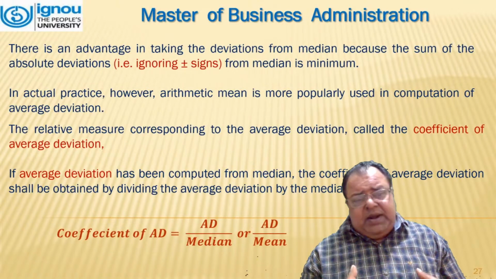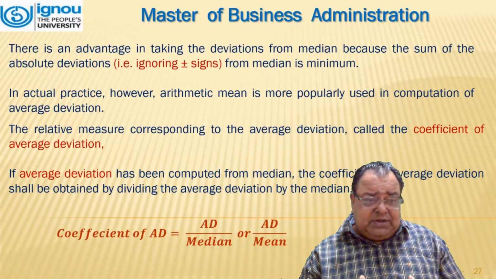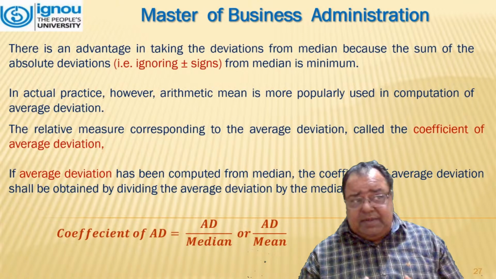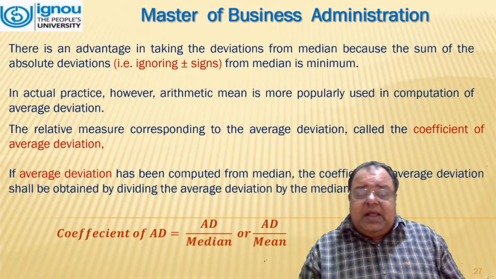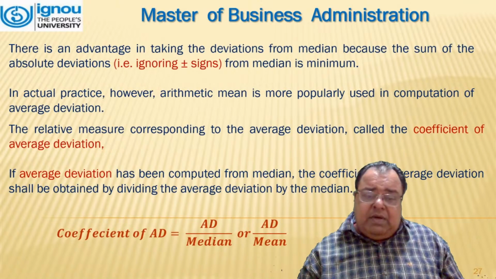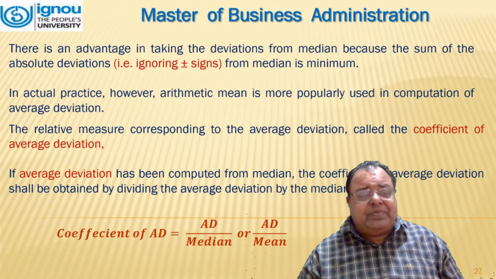There is an advantage in taking the deviations from median because the sum of the absolute deviations, ignoring the plus and minus sign, from median is minimum. However, arithmetic mean is more popularly used in computation of the average deviation.